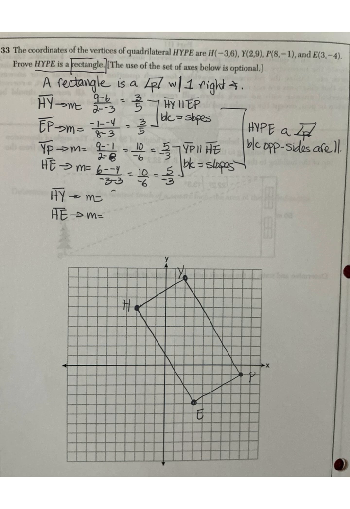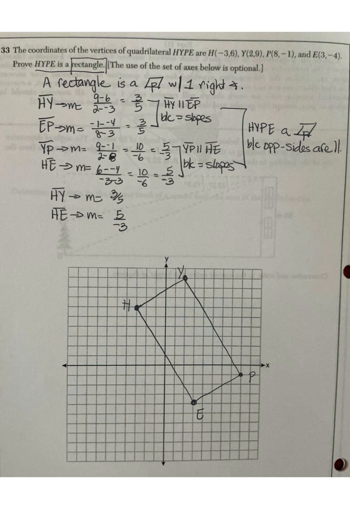So I've got 3/5 here and I've got 5/-3 here. This is why I reduced or simplified them, because it's very easy to see here that this one's negative and this one's positive, and these are reciprocals of each other, 3/5, 5/3. So these guys are negative reciprocal slopes.